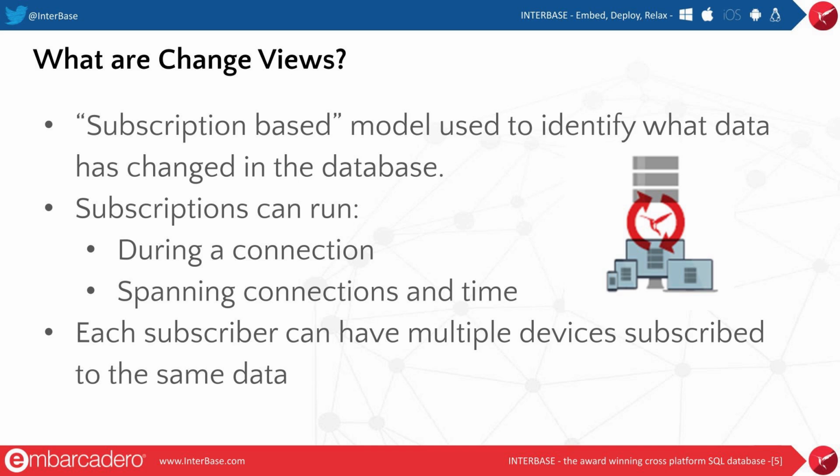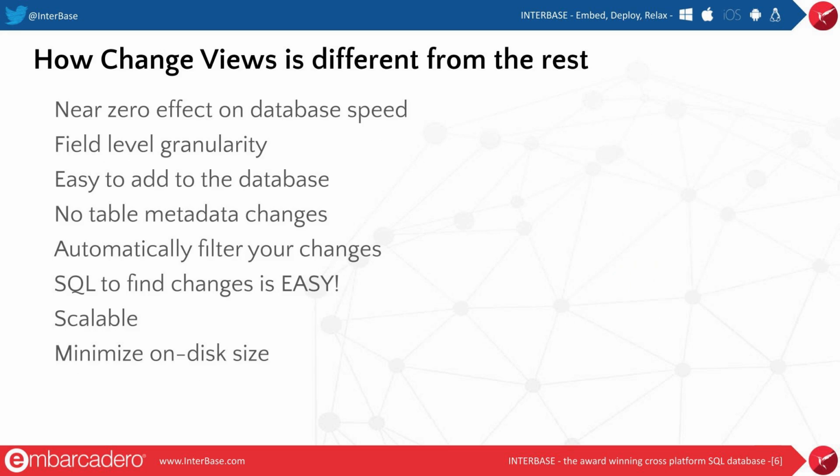And each subscriber can have multiple devices, so you can run a single user connected to the database, and then everyone has this unique identifier for their subscribers, or each subscriber could have an ID for their phone, laptop, tablet, and desktops. So what's really all that different about change views and how it tracks data?